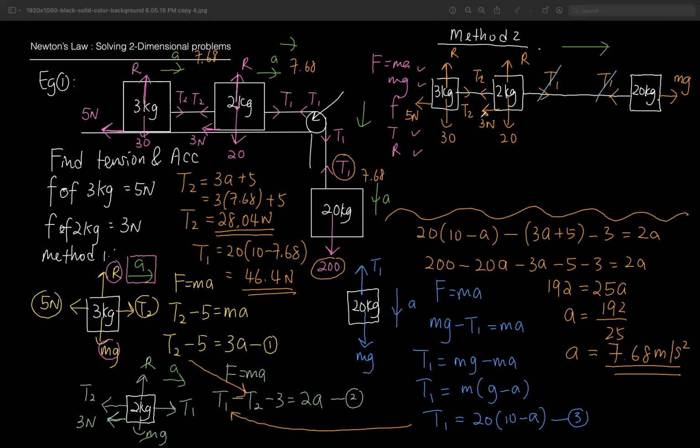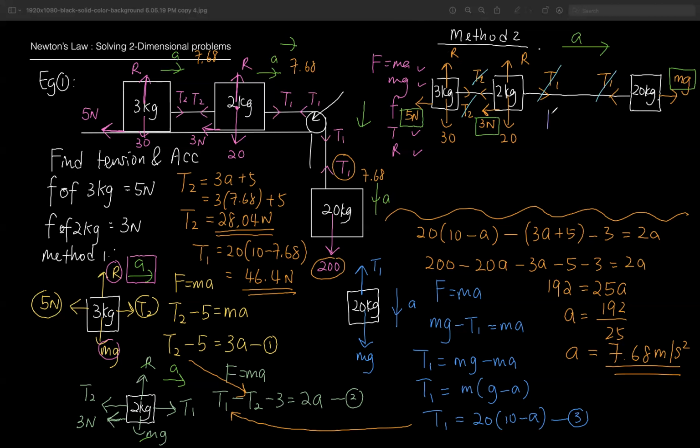So you can just cancel out like this. The T2, again, you can cancel. So no more tension. We don't need to care about the tension in this case. So what forces are left? We got the reaction, the mg, but those are the vertical forces. Again, we don't need to care about them. We only look at the horizontal. Why? Because your acceleration is horizontal. So what are the horizontal forces? Mg, the 3 N, and the 5 N. Other forces are irrelevant.